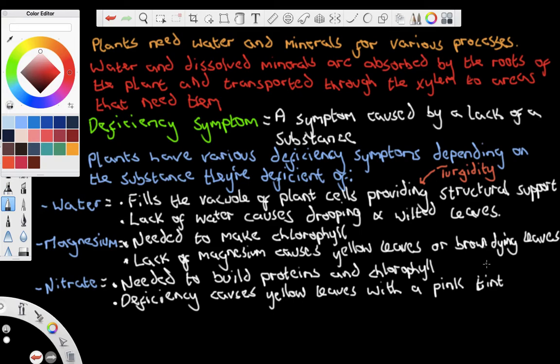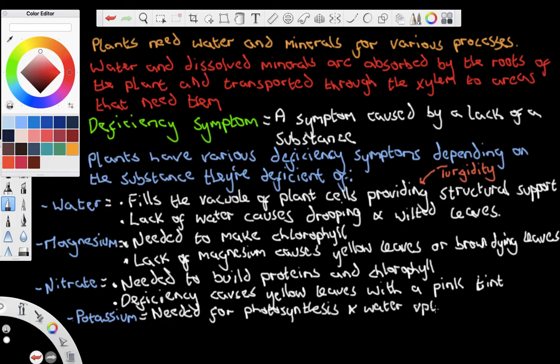Our next one is potassium ions. So if a plant is lacking in potassium, potassium is needed for photosynthesis and uptake of water in the roots. So potassium is needed for photosynthesis and water uptake in the roots.